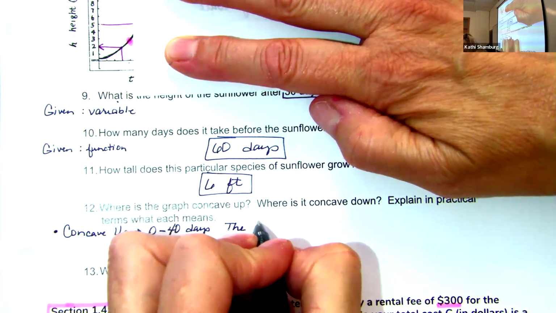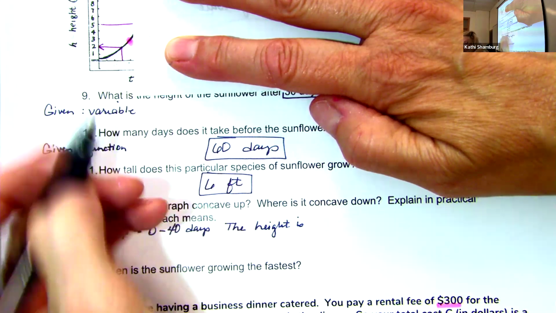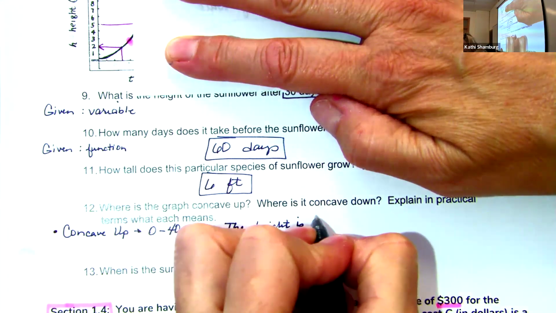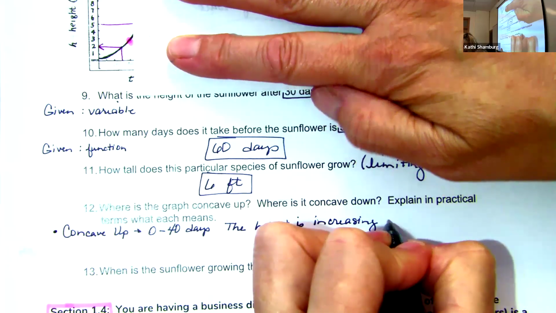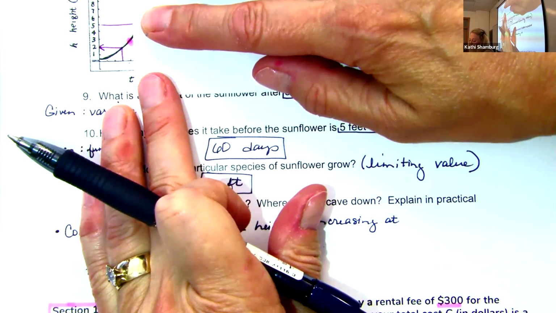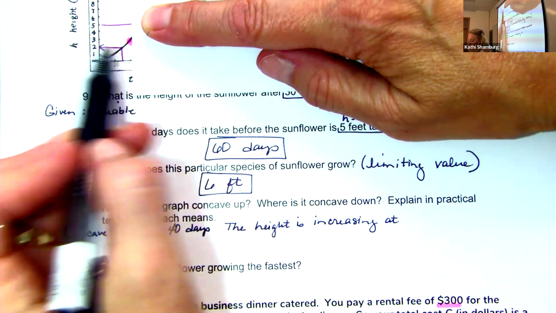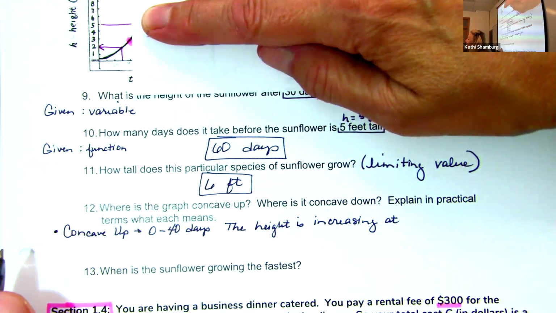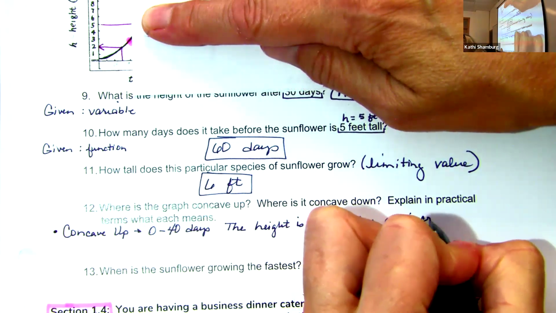So we say the height is, all right, what is it doing? Increasing at, all right, so we only want this part of the graph, not the full graph, only the concave up part. So at this point where I have the pink, is it an increasing or decreasing rate? Increasing rate.